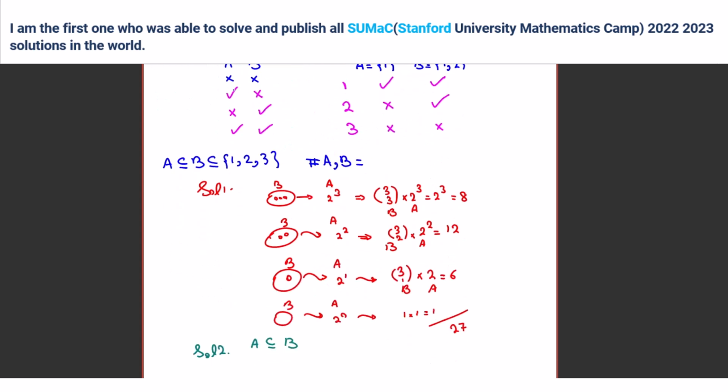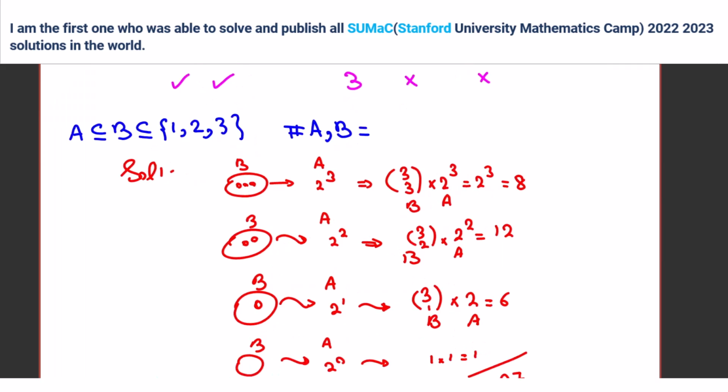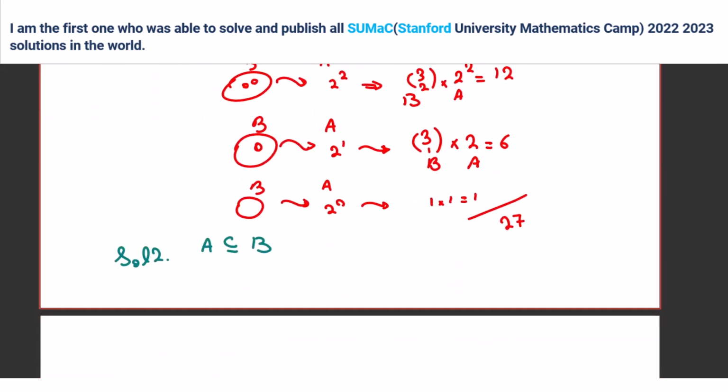So which of these 4 cases are acceptable here? Whatever is in B has to be in A. So tell me, one good case is check, check. Tell me another good case. B check, A cross?